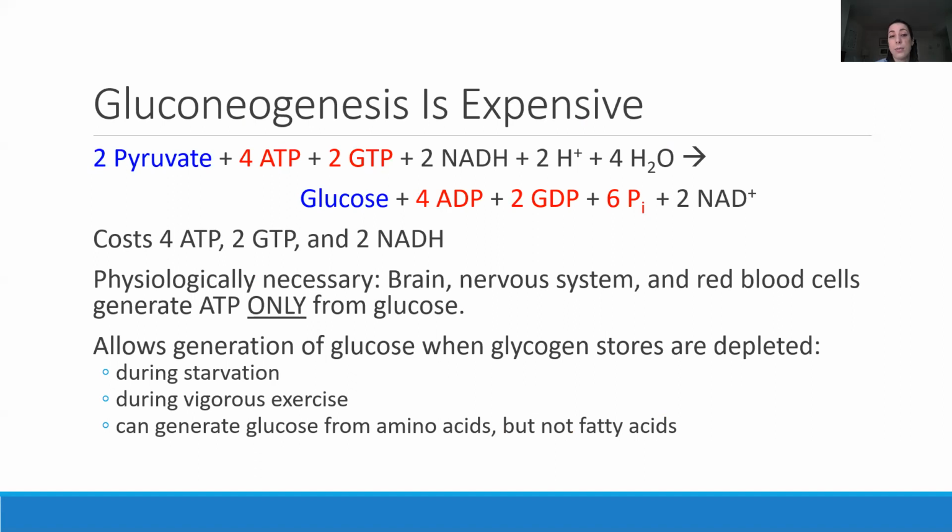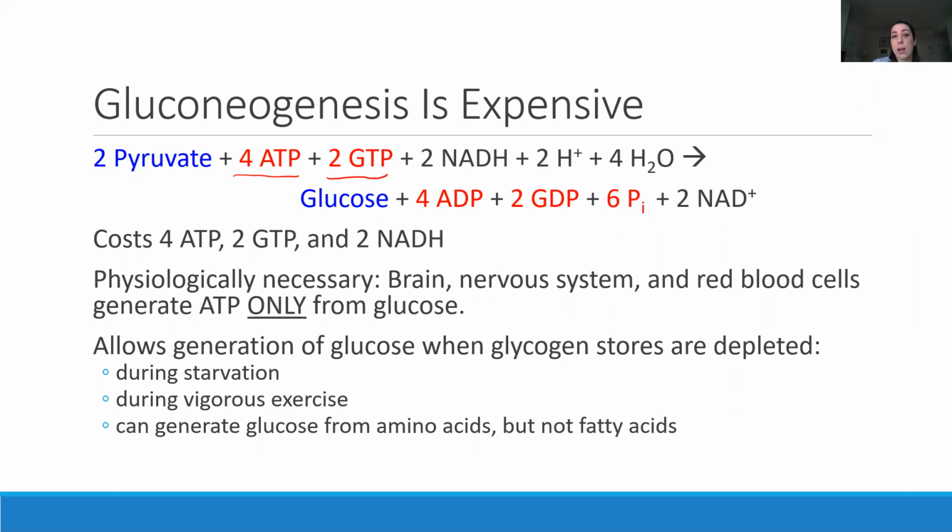It's going to use 4 ATP. These are the reverse of the 4 ATP that we normally would be seeing in glycolysis. So our steps in which we are generating, we are now going to be using those 4 ATP.